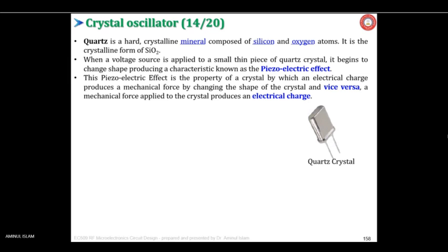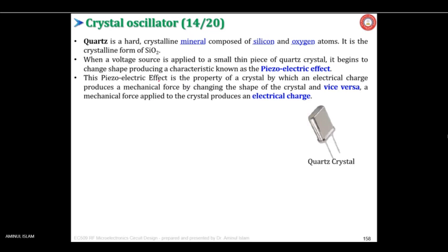That is, its frequency of oscillation is within the audio range. What is that audio range? 20 hertz to 20 kilohertz. Okay. So if you want a higher frequency oscillator, then you have to use crystal. What is that we'll be studying now.